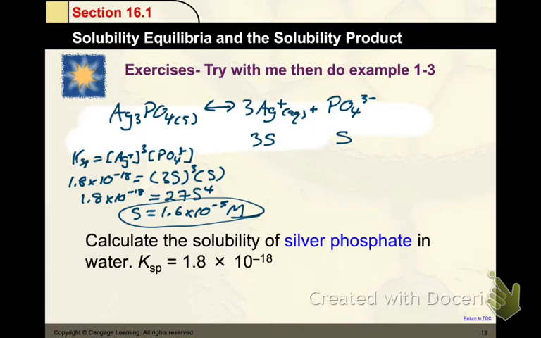That would be your molar solubility of silver phosphate. You could take 1.6 times 10 to the minus 5 moles of it and dissolve that in a liter of solution before it is saturated.